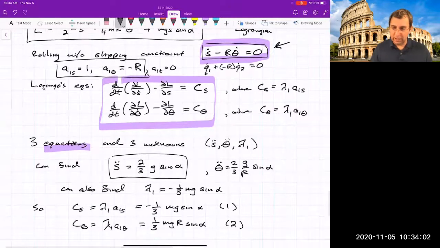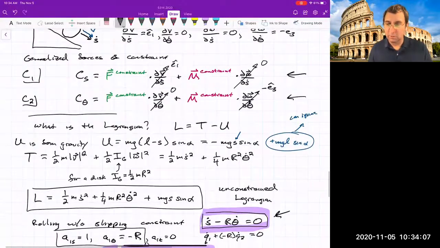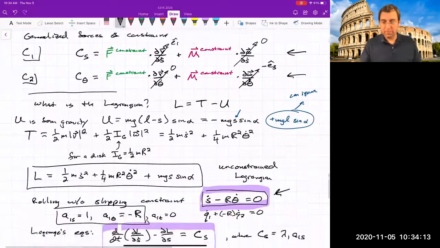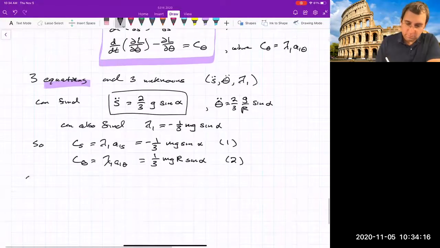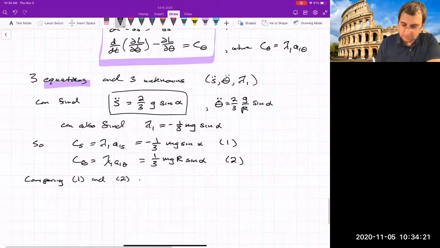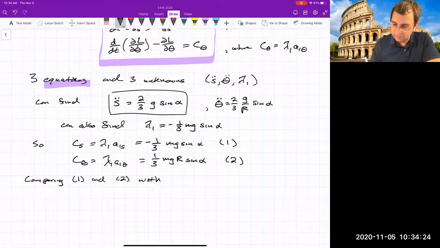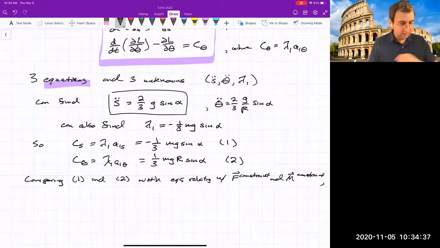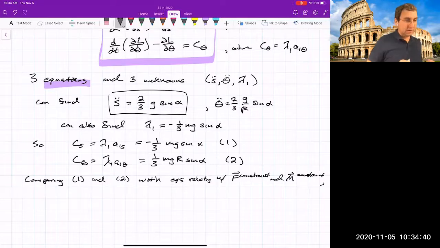And if we compare these equations with what we wrote up above for the relationship between the Newtonian forces and Newtonian moments, so comparing 1 and 2 with the equations relating the force of constraint and moment of constraint, we can find something.